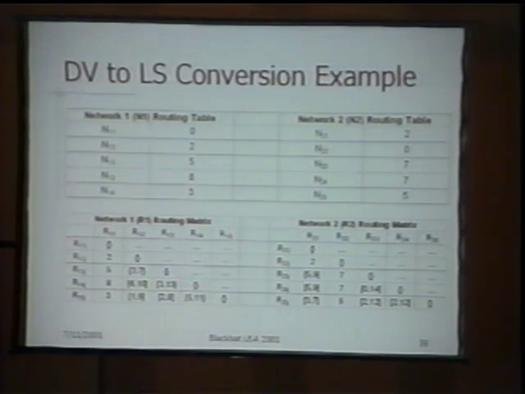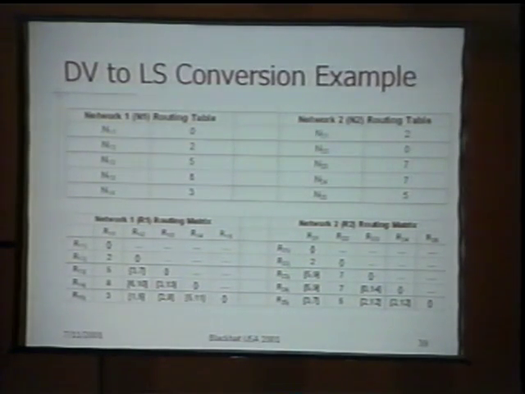What we have at the top are 2 RIP broadcasts. On the left, from network 1, to network 1 is 0, obviously a metric of 0, to network 2 a metric of 2, and 3 is 5. And then from network 2 to the same networks, it has different metrics because it might be a different distance away.